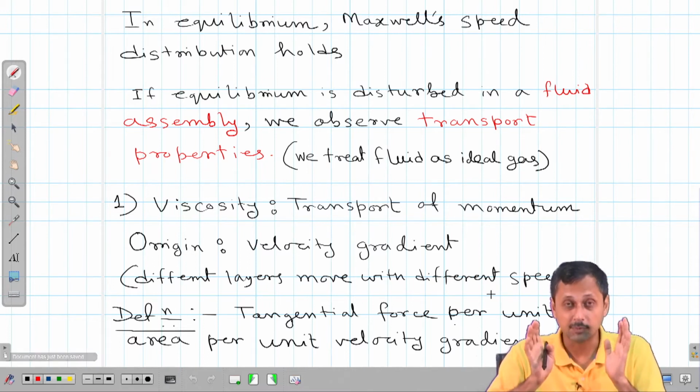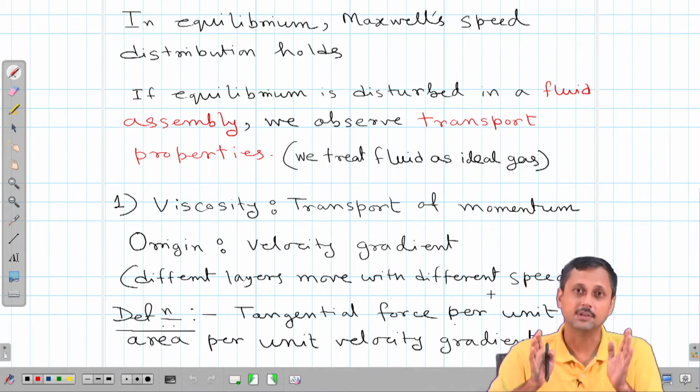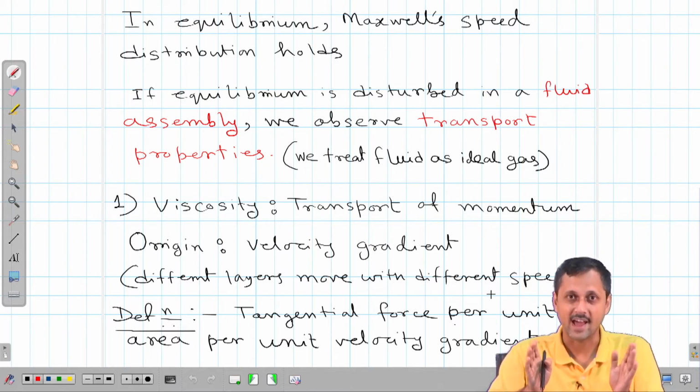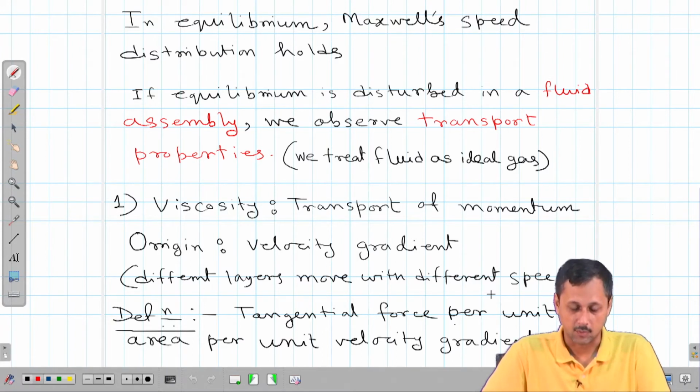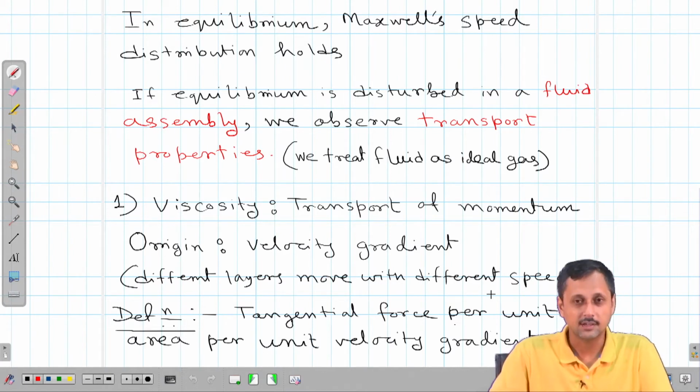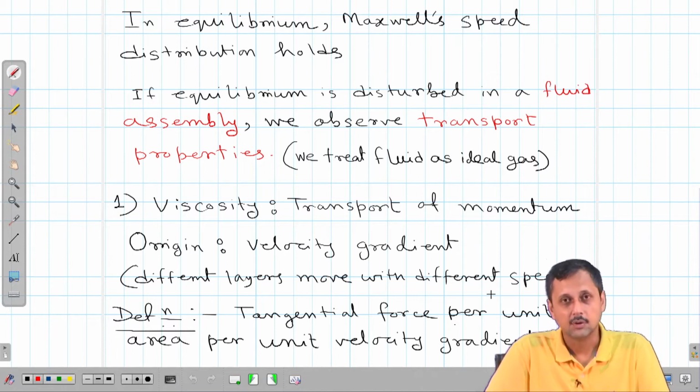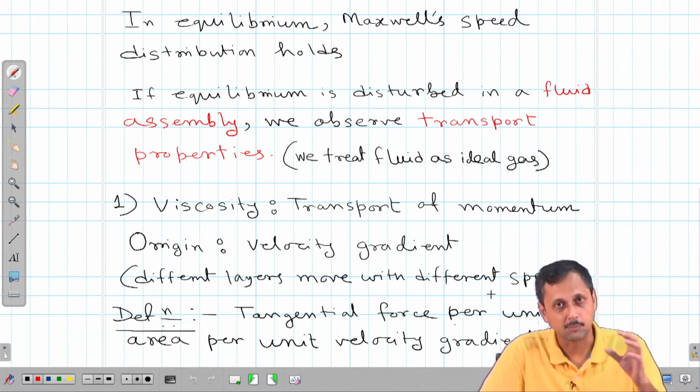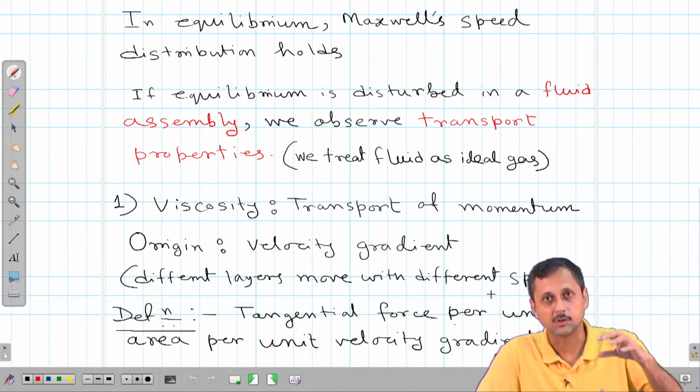Now, let me state it again. When the equilibrium in a fluid system is disturbed, then we have something called transport phenomena. What are the three major transport phenomena we are going to investigate in this lecture? First of all, we will be talking about viscosity, which is transport of momentum from one part of the fluid in question to the other part.